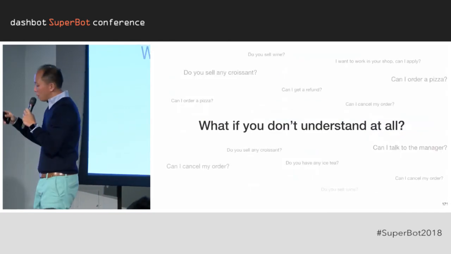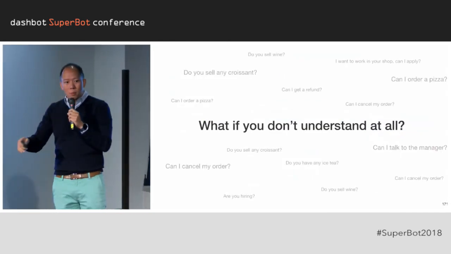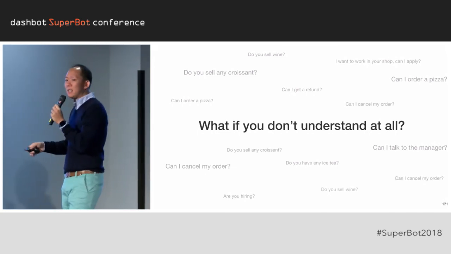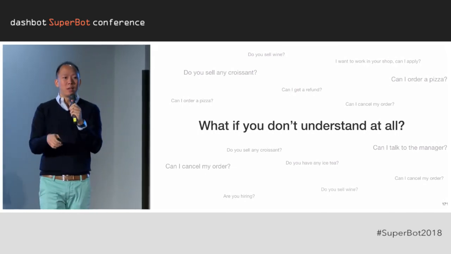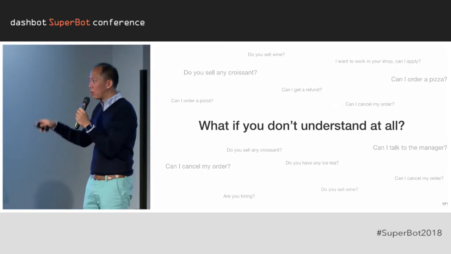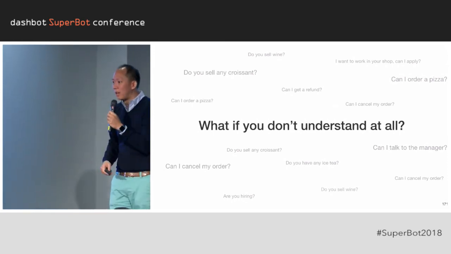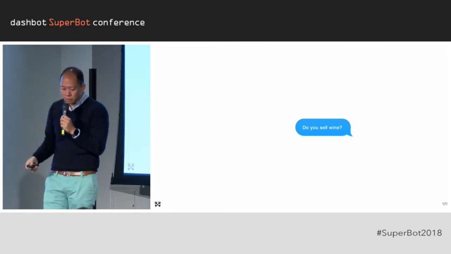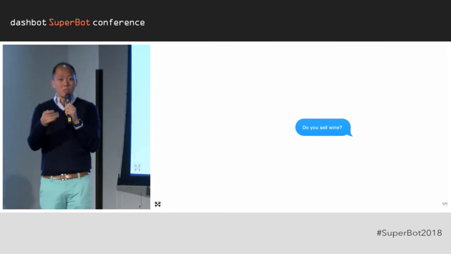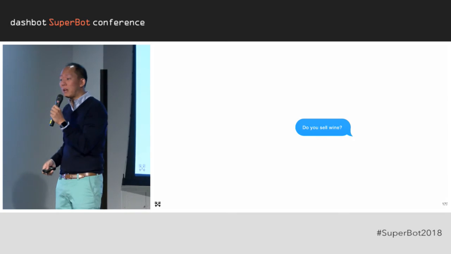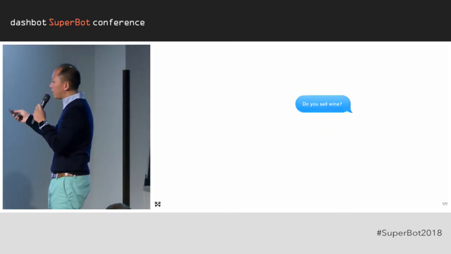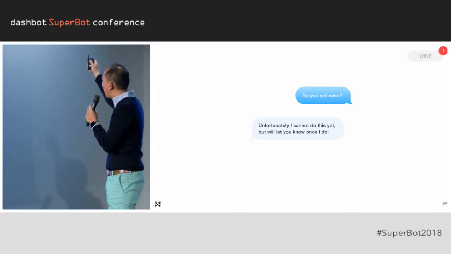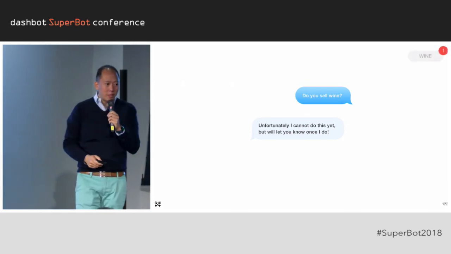And so a lot of people are telling me, but what if you don't understand? Nothing is magic, right? Our co-founder doesn't say AI, he says EI. It's eventual intelligence. We're not there yet. And so there's a lot of things that we don't understand. And here, when you ask for wine in a coffee shop, and this is the reason why Starbucks sells wine now, yes, you can say we don't serve wine, but in the back end, you can say, hey, by the way, somebody asked for wine.